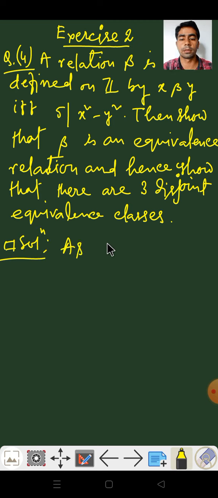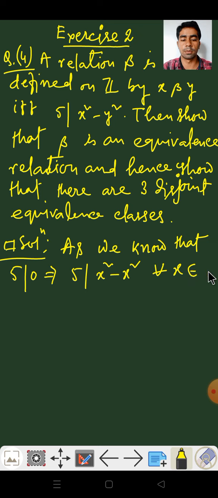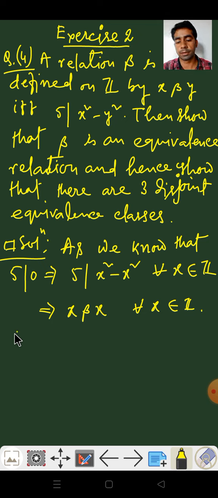As we know that 5 divides 0, which implies 5 divides x square minus x square for all x belongs to Z, and this implies that x is related to x by the relation beta for all x belongs to Z. As x is an arbitrary element, therefore we can say that beta is reflexive.